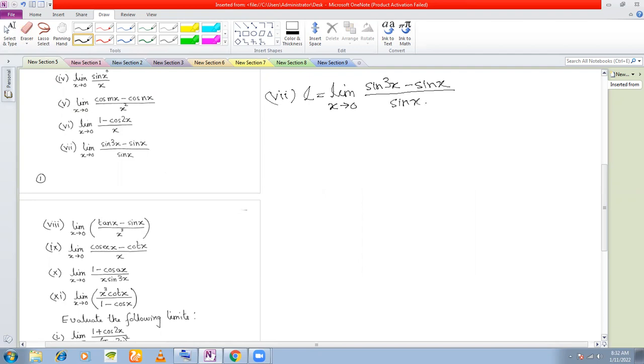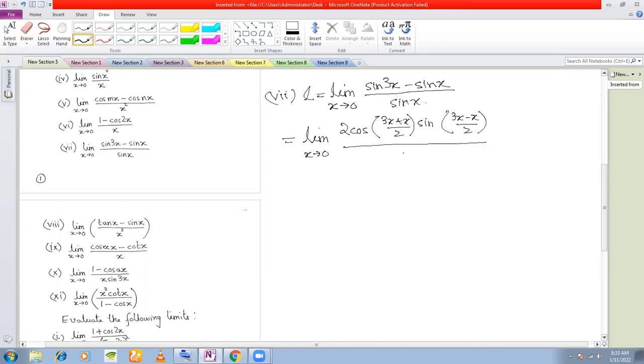Okay. Now in this, first of all, you change in the numerator, you see you have a sum or a difference, whatever, right? This you can change to a product. So we change this to a product. Sine c minus sine d is 2 cos c plus d by 2 into sine c minus d by 2, right?